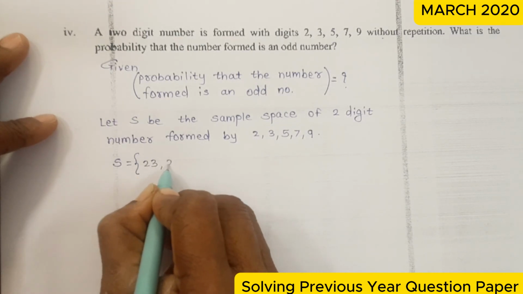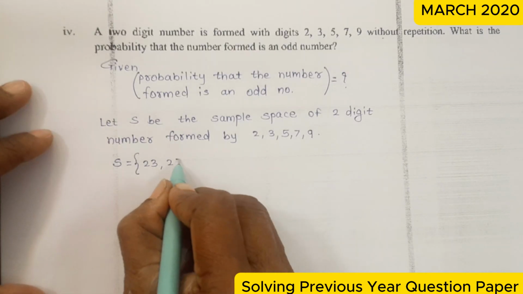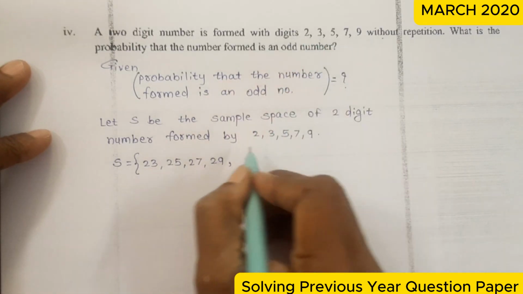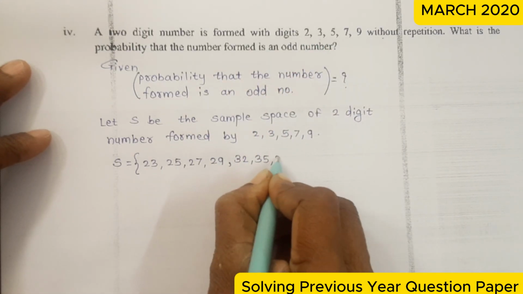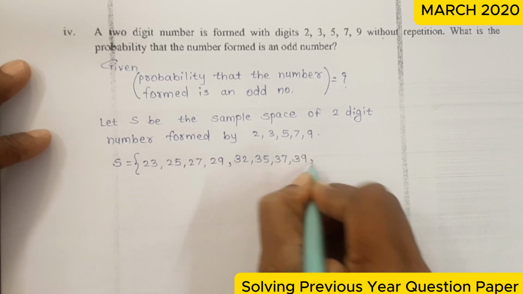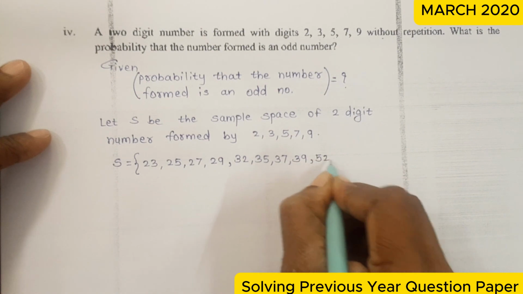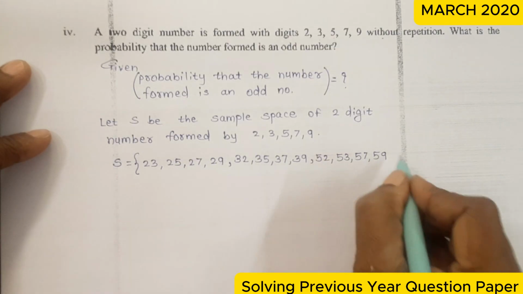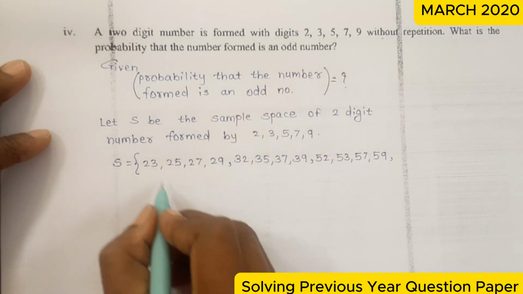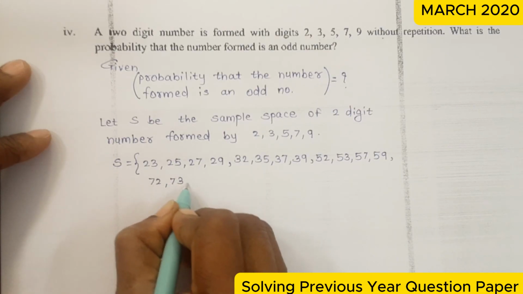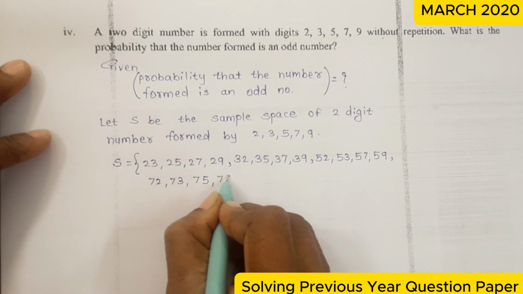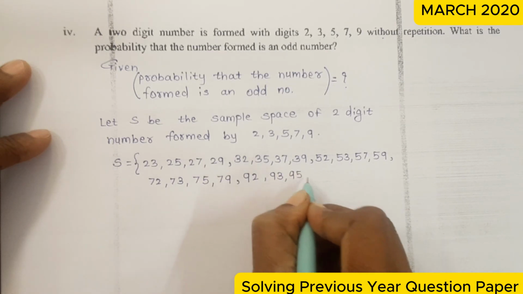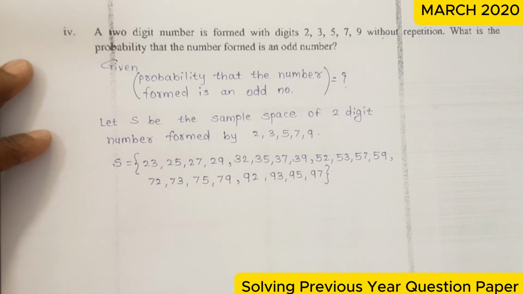We write the numbers 2 3, 2 5, 2 7, 2 9, then the turn of 3: 3 2, 3 5, 3 7, 3 9, then the turn of 5: 5 2, 5 3, 5 7, 5 9, then the turn of 7: 7 2, 7 3, 7 5, 7 9, then the turn of 9: 9 2, 9 3, 9 5, 9 7. Okay, so this is the sample space.